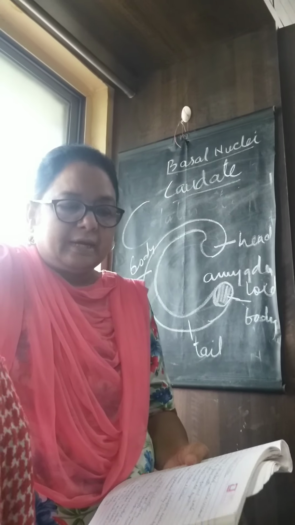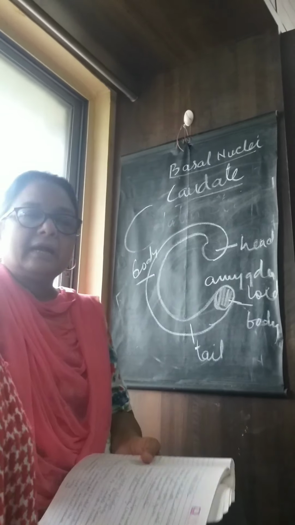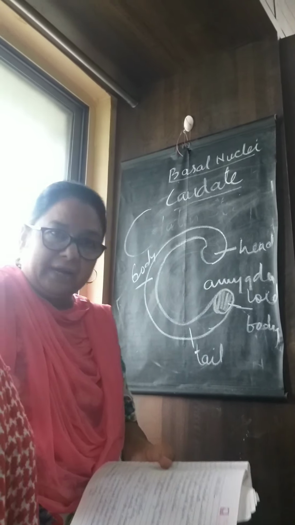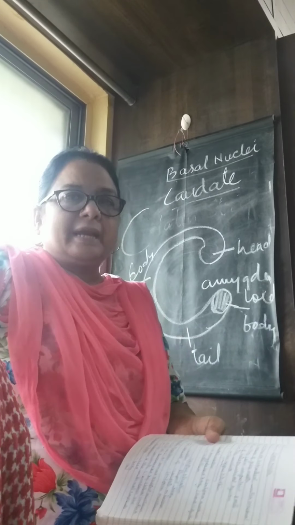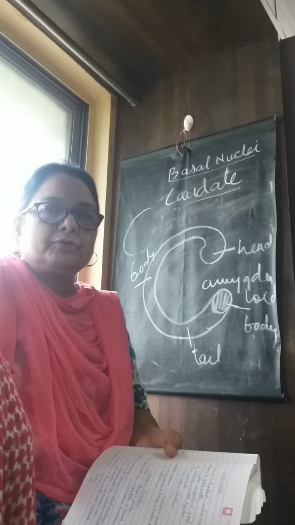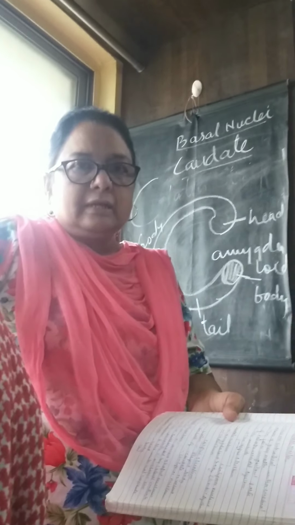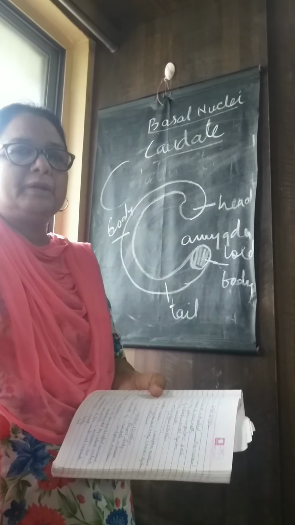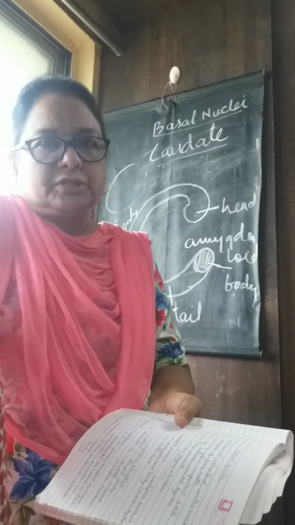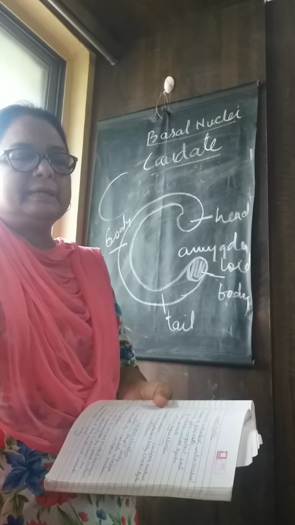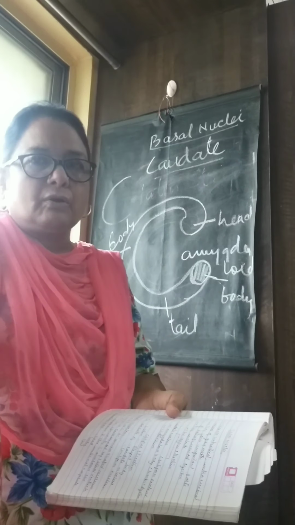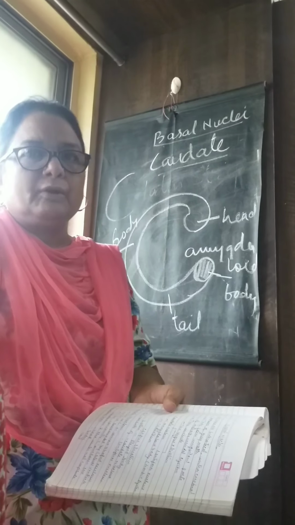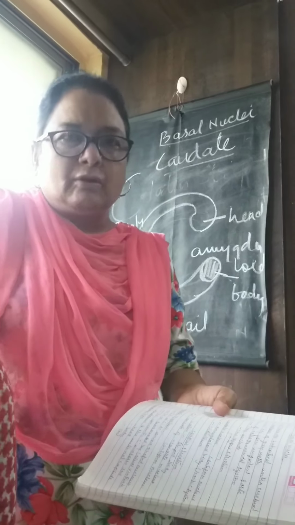This basal nuclei consists of the corpus striatum. The corpus striatum consists of two parts. The basal nuclei consists of the corpus striatum, the amygdaloid body, and the claustrum.